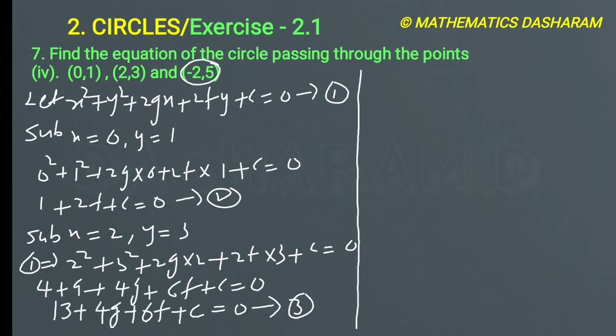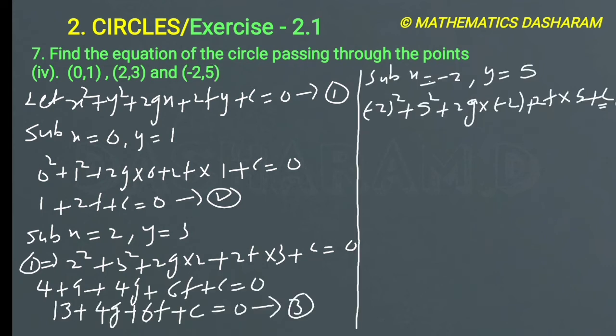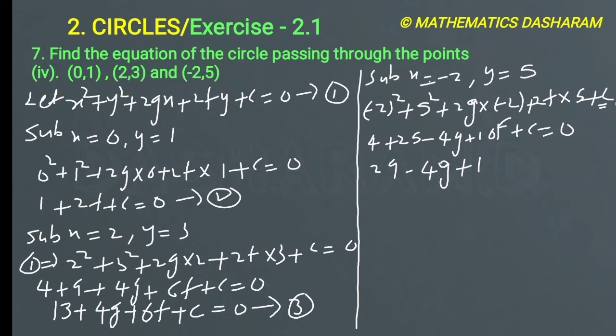Substitute the third point, minus 2, 5. Minus 2 whole square is 4, 5 square is 25, minus 4g plus 10f plus c equals 0. So 29 minus 4g plus 10f plus c equals 0, equation 4.